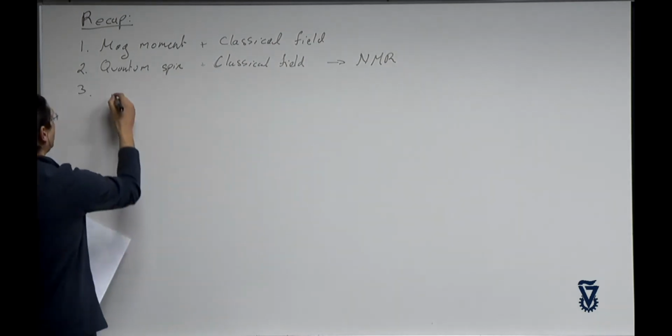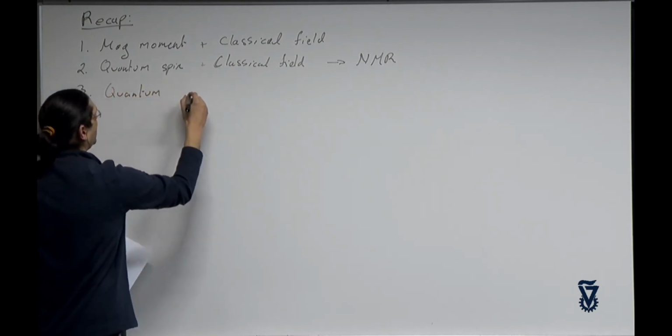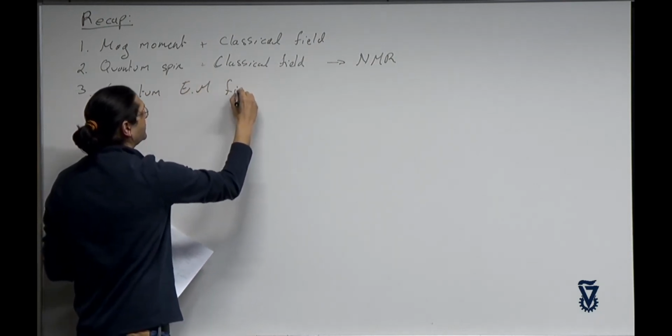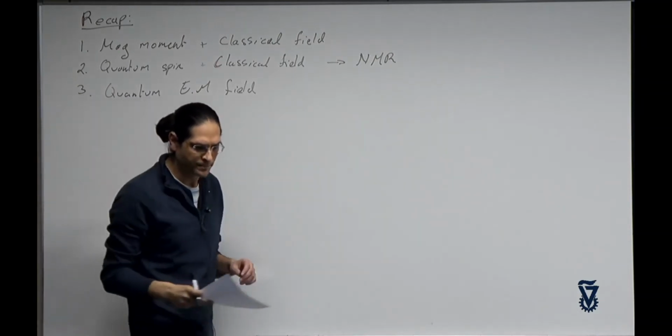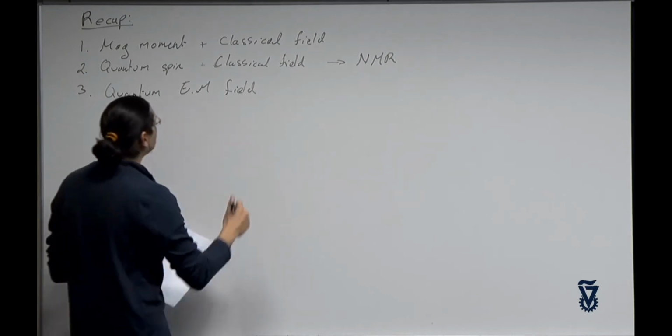Then we talked about a quantum electromagnetic field. So there were no two-level systems, no atoms there.